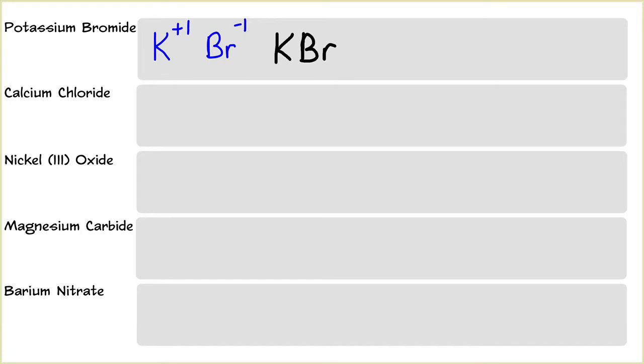Okay, for the next one, it's calcium and chloride. Calcium is in the +2 column, and chloride is in the -1 column. Now what we do is we take the superscript and make it a subscript on the other. We get calcium, and now chloride.